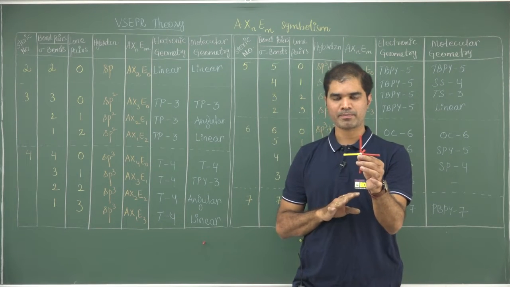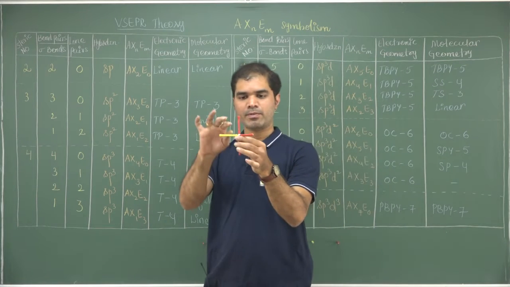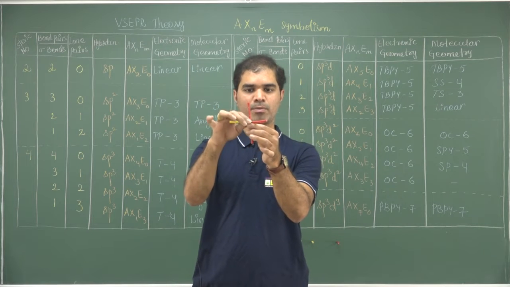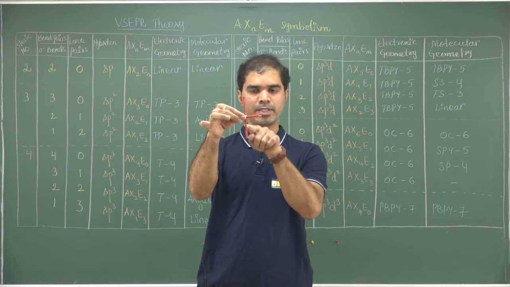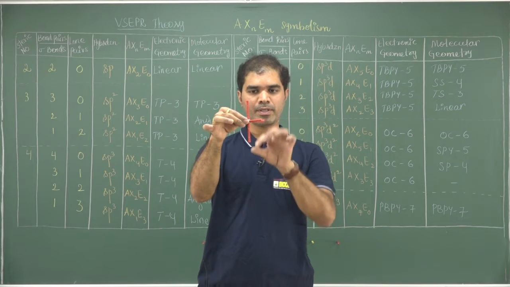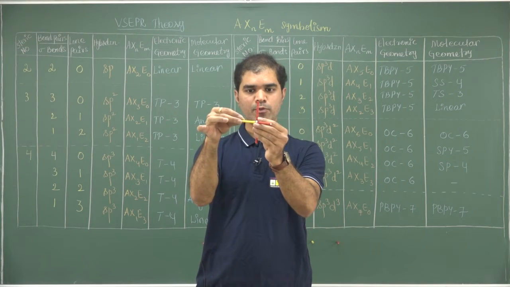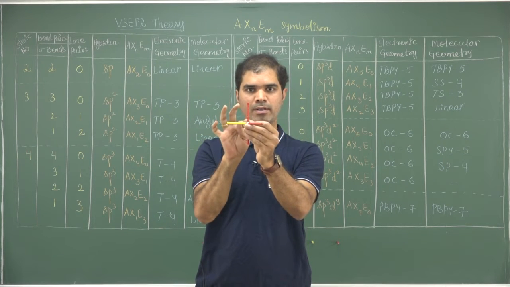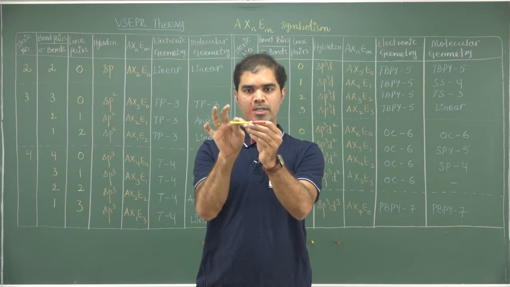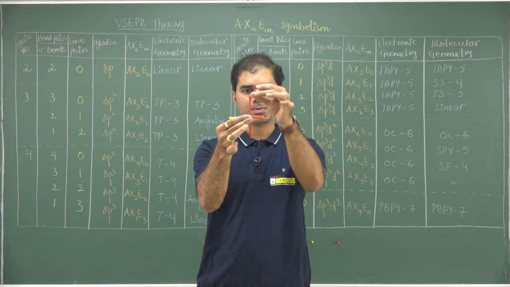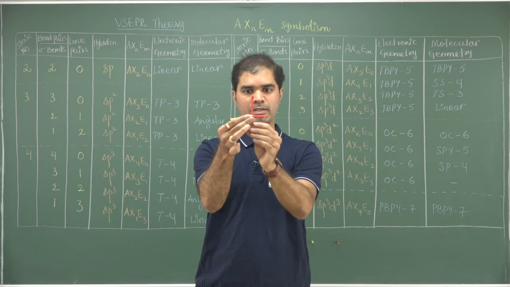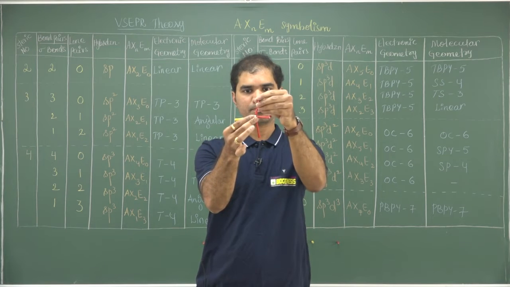bipyramidal geometry. Next, when I don't consider this particular lone pair, the shape that I find is called a seesaw shape. This is a lone pair, therefore it will try to repel the equatorial bonds, it will also try to repel the axial bonds. So this will bend to some extent, this will also bend to some extent.